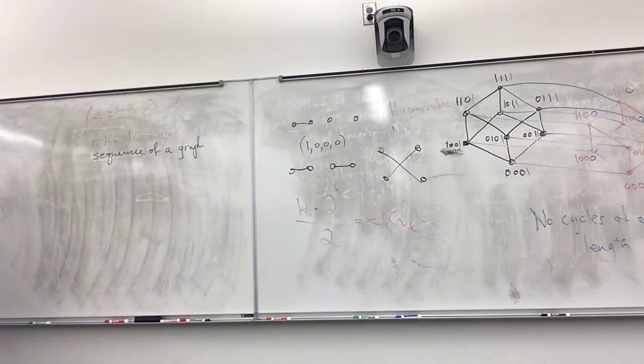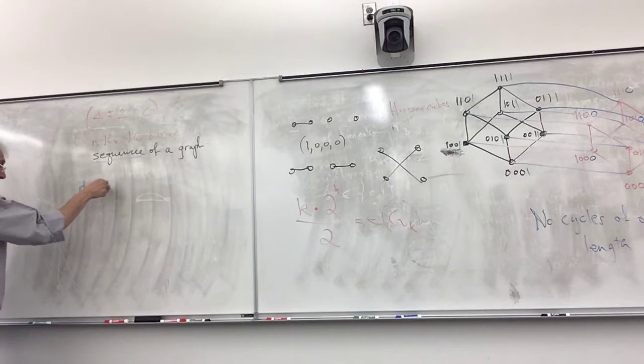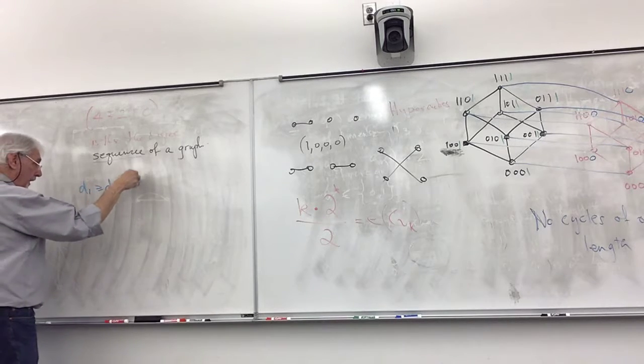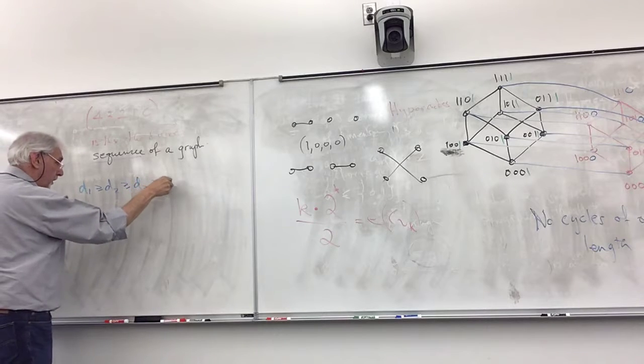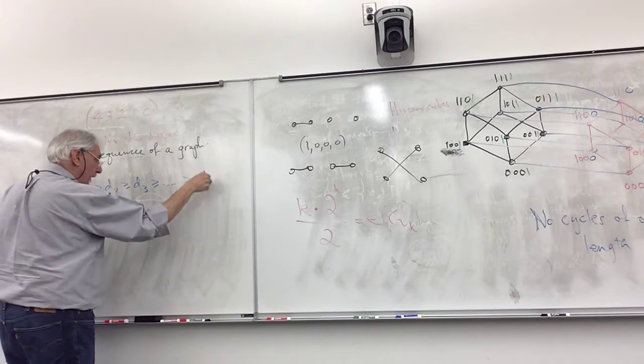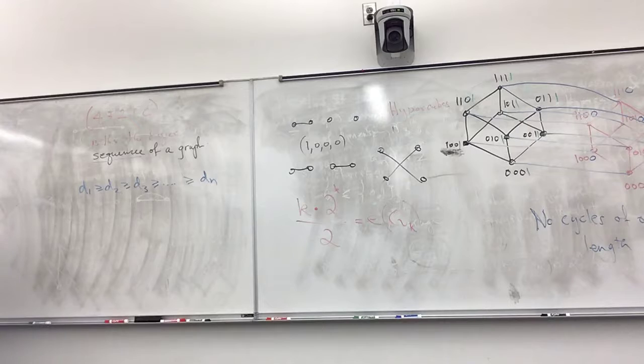So I have D1 greater than or equal to D2 greater than or equal to D3 greater than or equal to ... Dn. So we take this non-increasing sequence of integers.